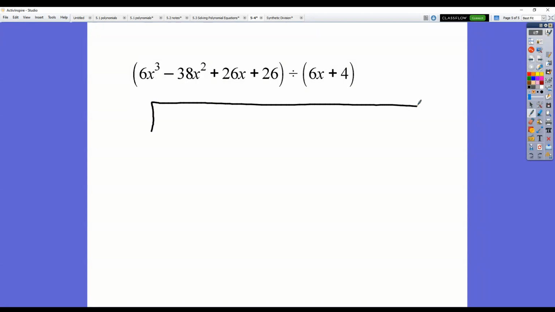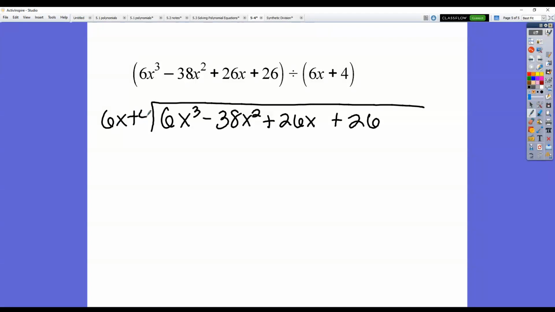Draw your long division. How many times does 6x cubed get divided by 6x? That's x squared times. Put x squared up top. And then we multiply it.